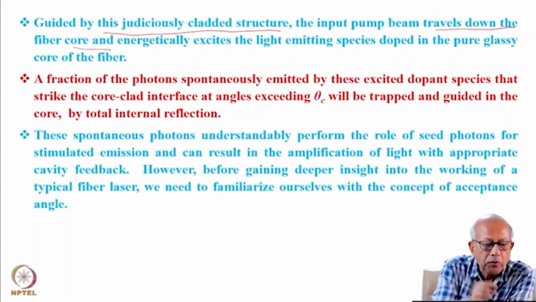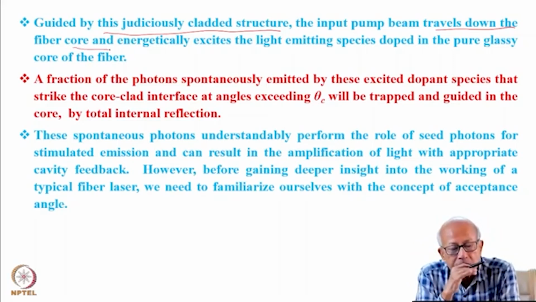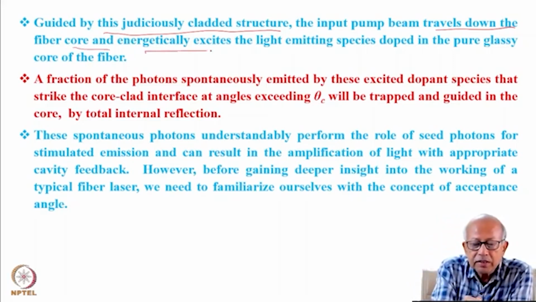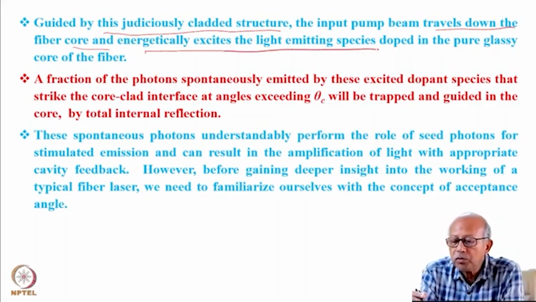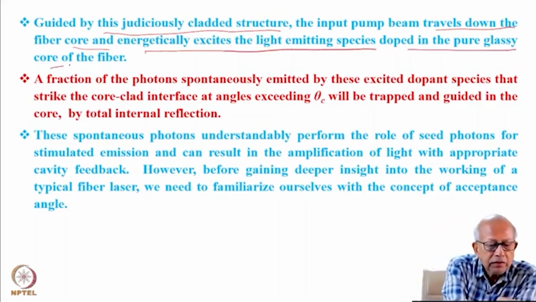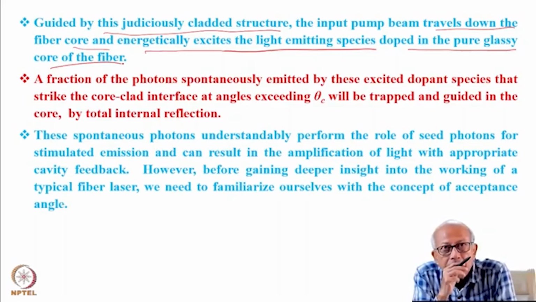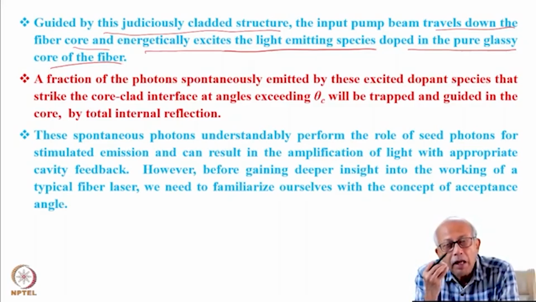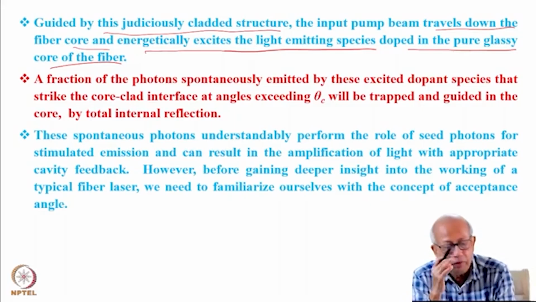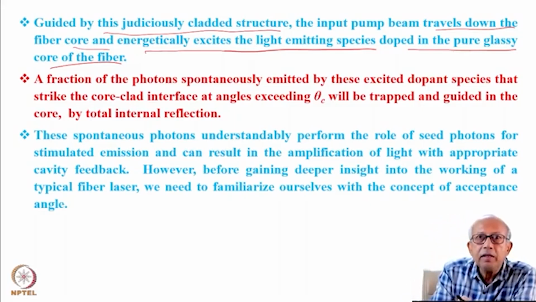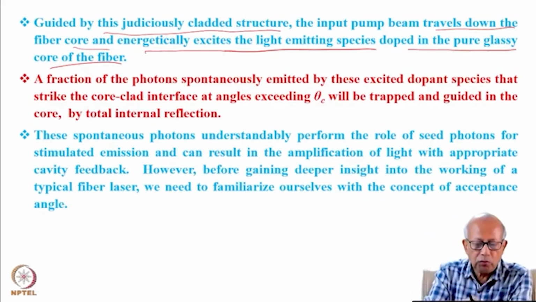the fiber core. And as it travels, it energetically excites the light emitting species doped in the pure glassy core of the fiber, just like what happens in a solid state laser that we have studied in great detail quite a number of weeks before.